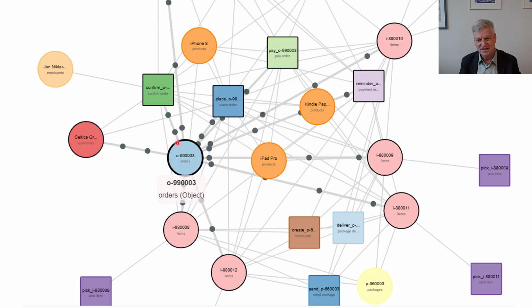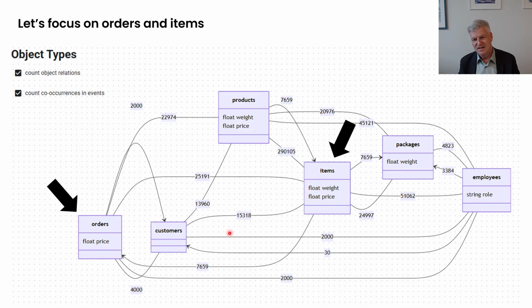I can also zoom in. This was the graph that I got by looking at this order. You can see that this order is connected to specific events, and it's connected to certain items and products, etc. Although this whole data set is relatively small for our kind of applications, for explaining and demoing it, let's focus on just orders and items.